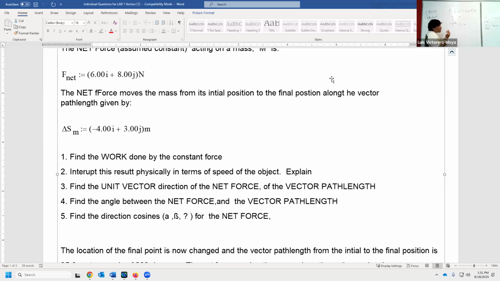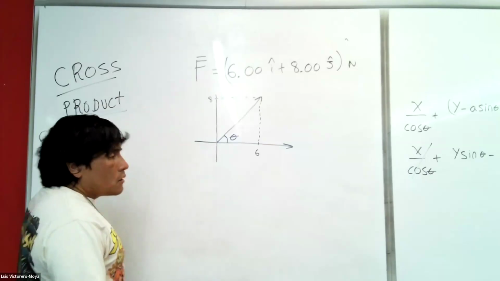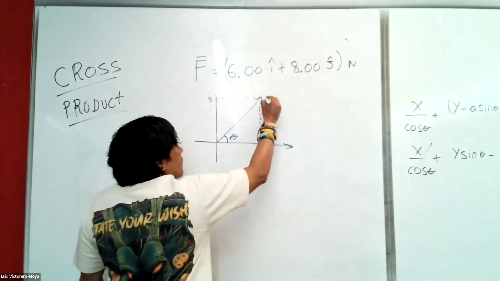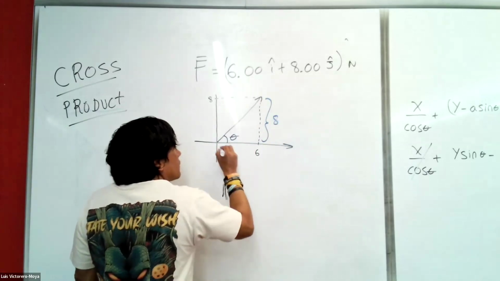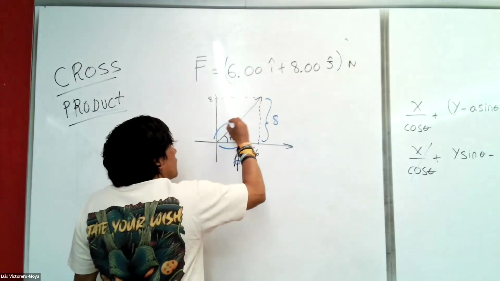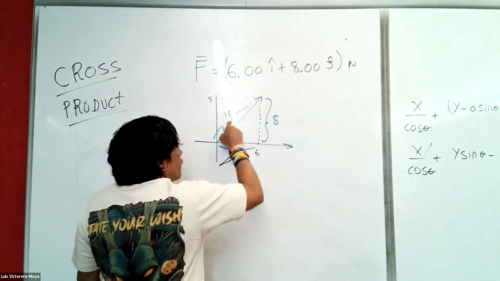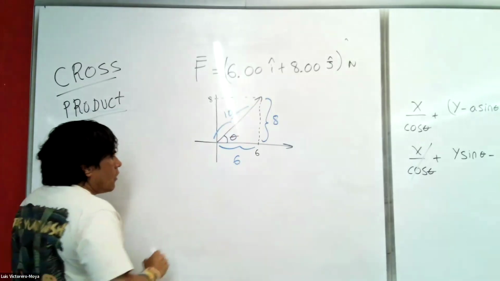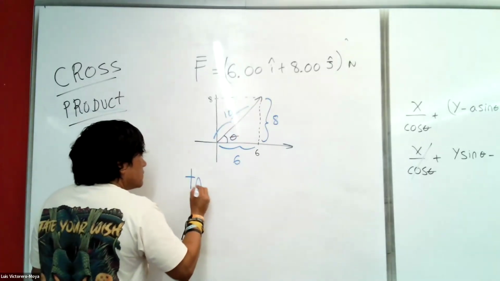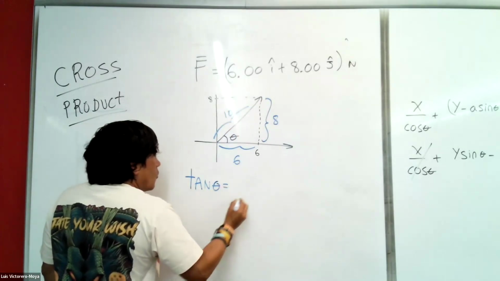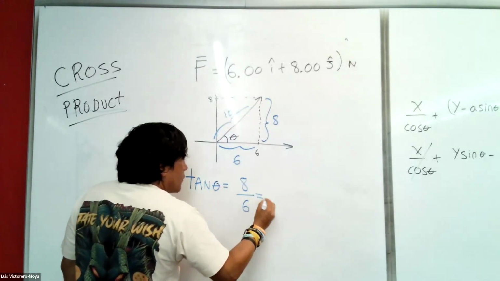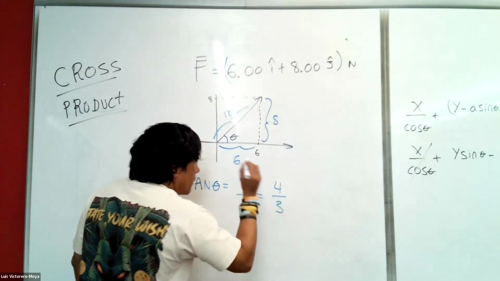It's another special triangle that you should know of. There's another special triangle: 8, 6, 10, or 3, 4, 5. So tangent of theta is y over x, 4 over 3.